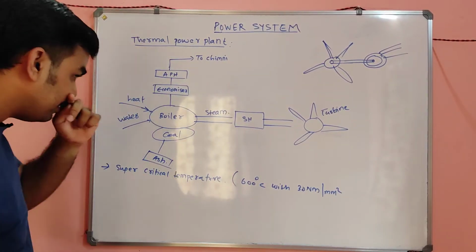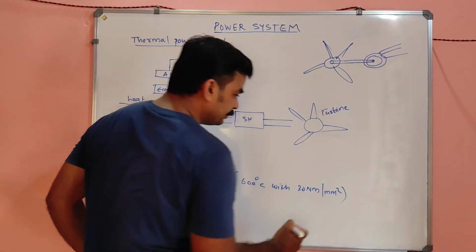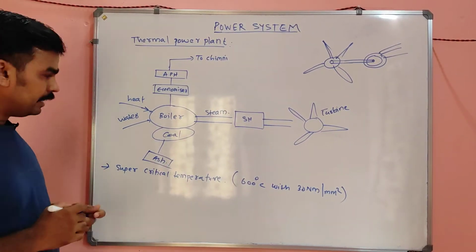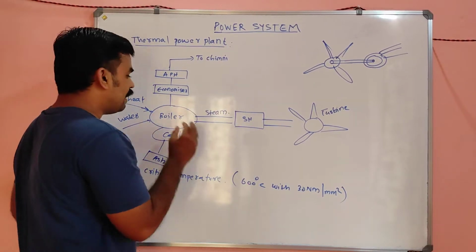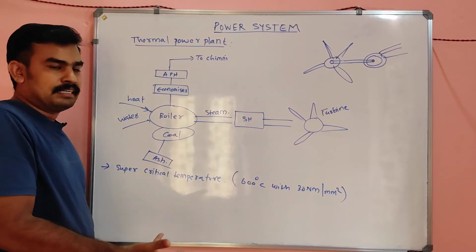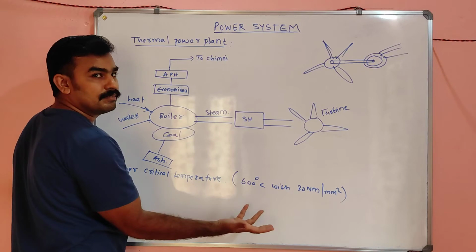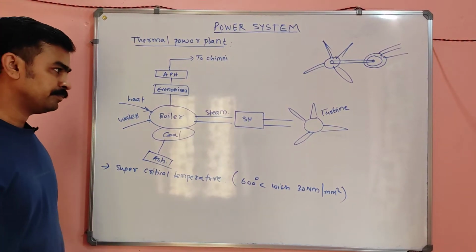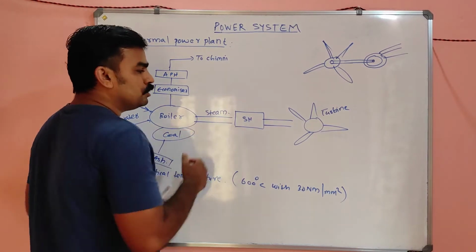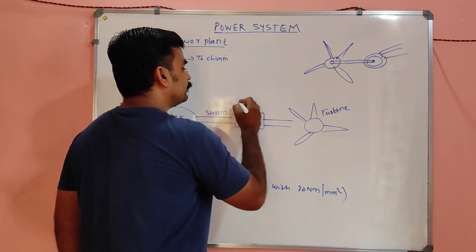This much pressure you are going to apply there in the boiler. So the steam obtained after boiling the water has this capability, 600 degrees Celsius with 30 Newton per mm square. And it is connected to the superheater.